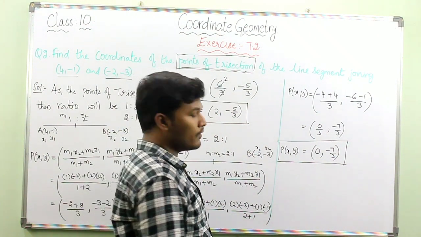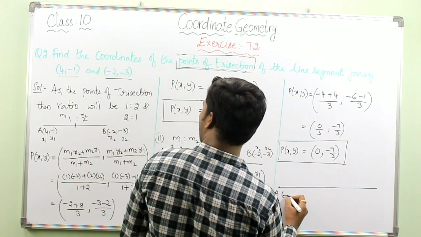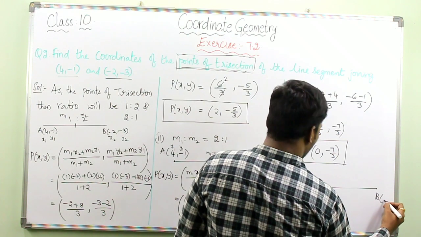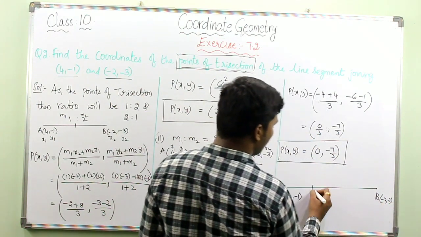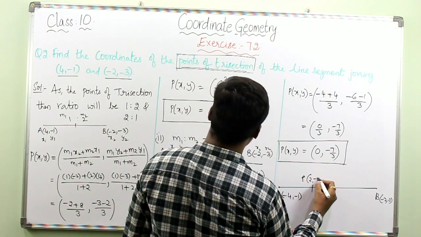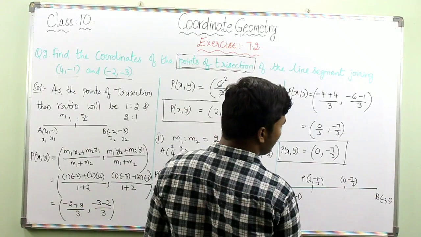So the points of trisection for this line segment, A minus 4 comma minus 1 and B minus 2 comma minus 3, are: the first P point is 2 comma minus 5 by 3 and the other one is 0 comma minus 7 by 3.